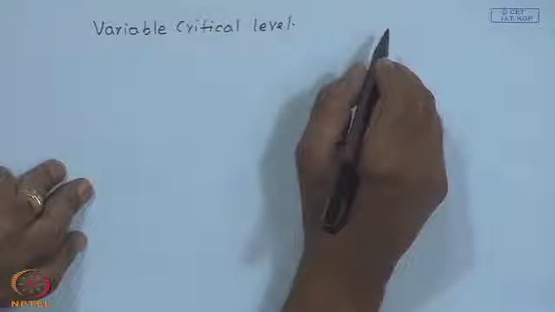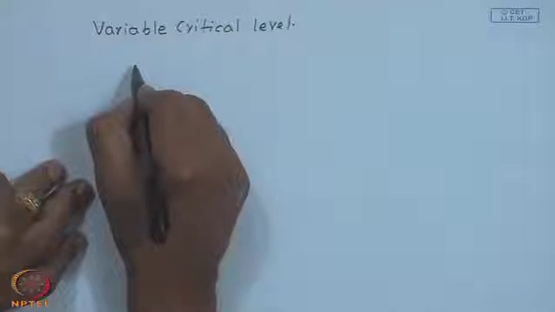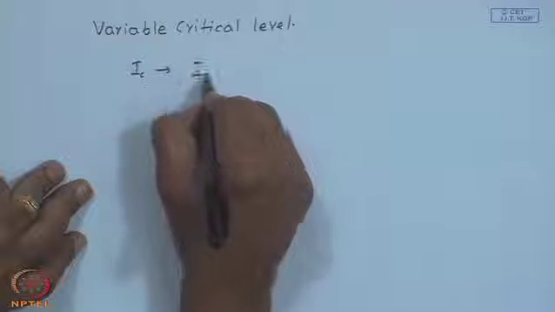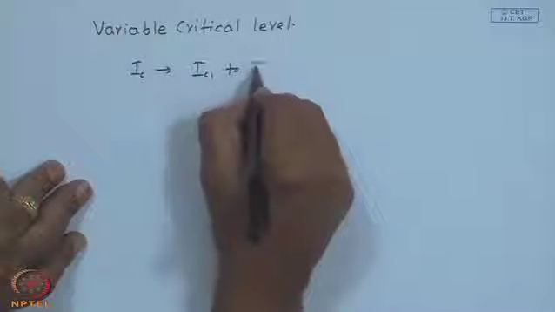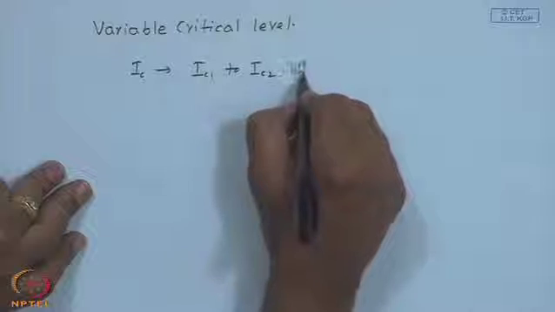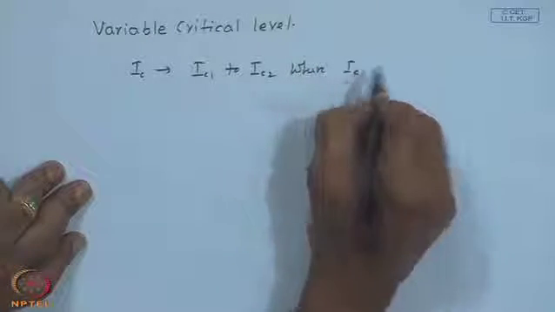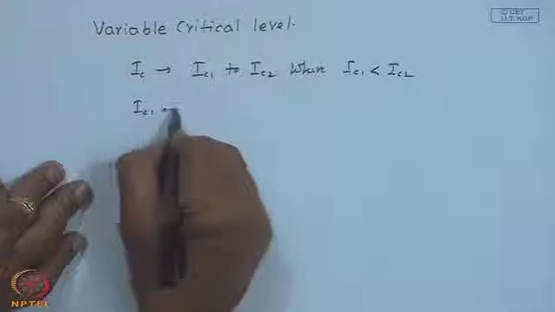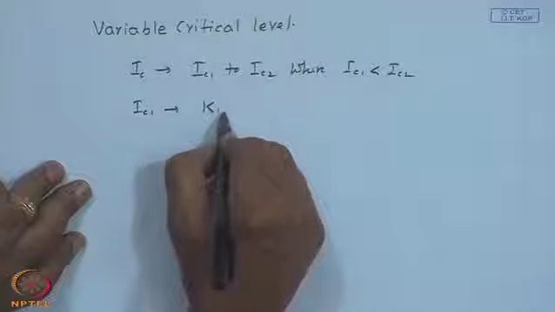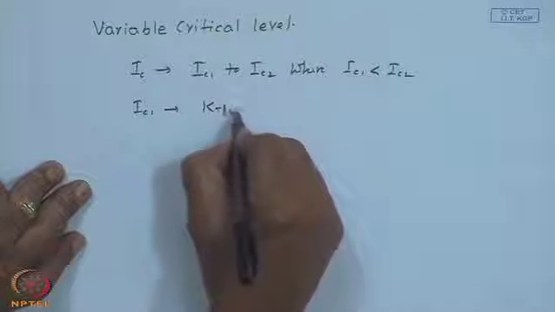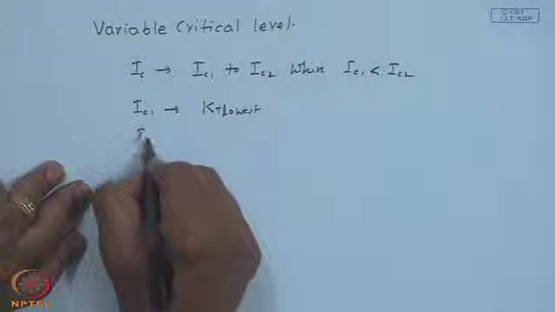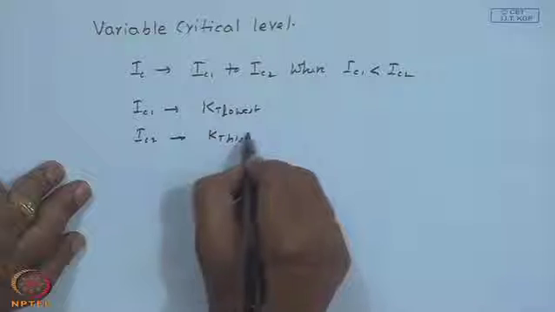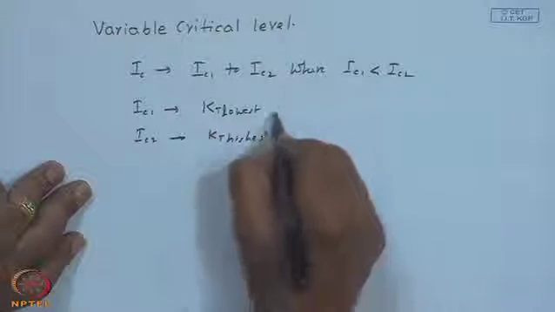But from the meteorological data point of view, your IC may vary from IC 1 to IC 2, where IC 1 is less than IC 2, and IC 1 may be on the KT lowest day and IC 2 may be on the KT highest day.